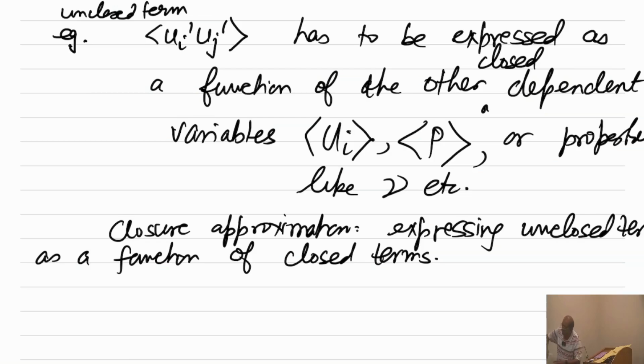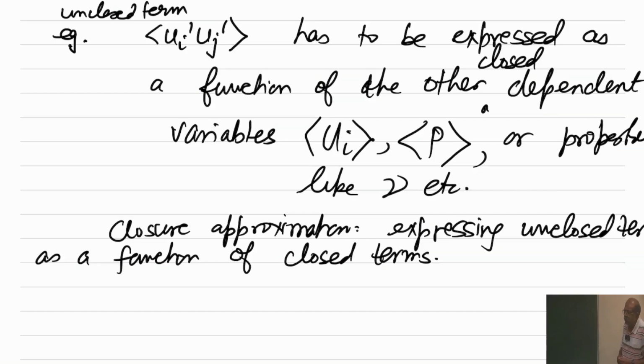And this whole process is what we call turbulence modeling. Now, from what I have described here, you can see that the turbulence modeling could happen at many stages. The first stage is I say, okay, I am only going to solve for the mean velocity. So, in the mean velocity equation, I have ui prime uj prime. I write this as a function of mean velocity. So, this is the first level of turbulence modeling.